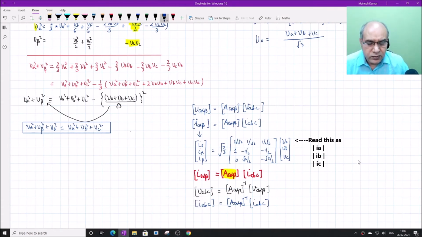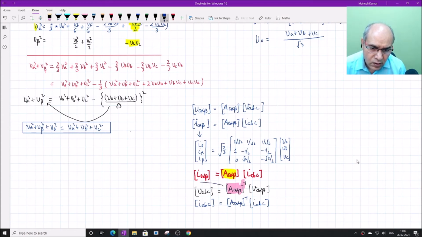We have to find out what the inverse of this matrix is and how this inverse is related to the original matrix. You try yourself. I will write the final answer that you will get after inverting this matrix.